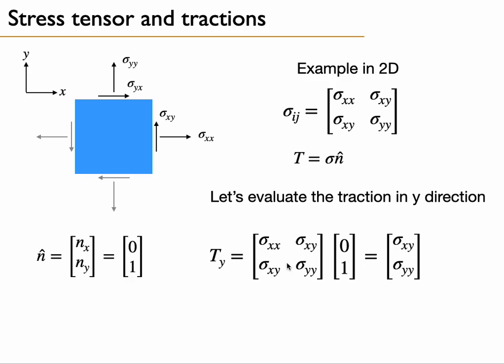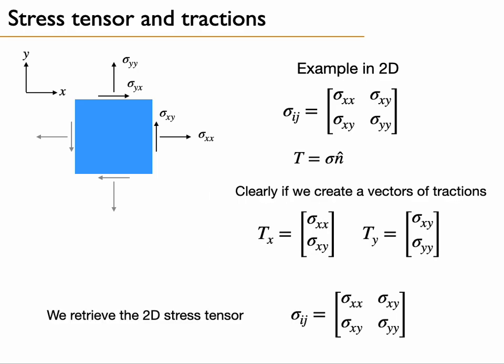If we apply the same product, stress times normal, we will obtain a vector of sigma xy and sigma yy. So what we can see here is that if you create a matrix with your 2 traction vectors, so we put them together, we will retrieve the 2D stress tensor.